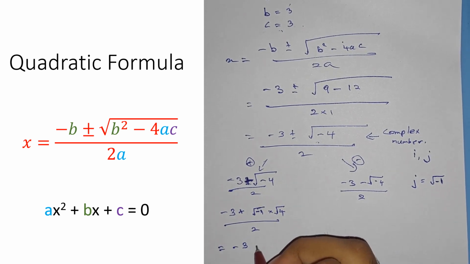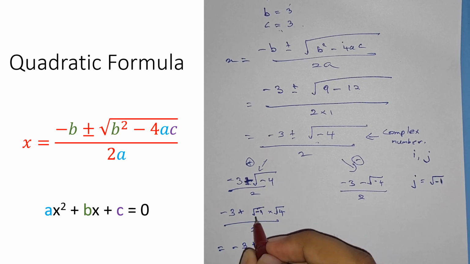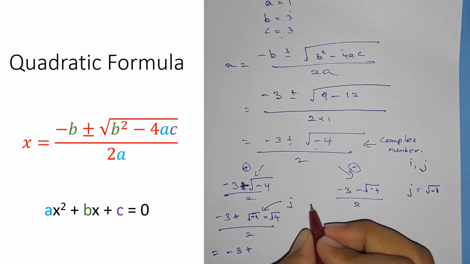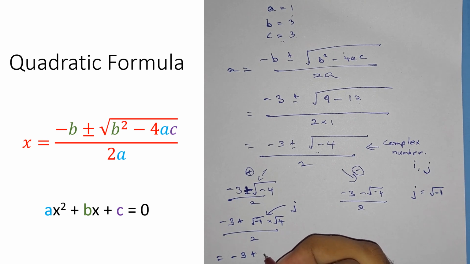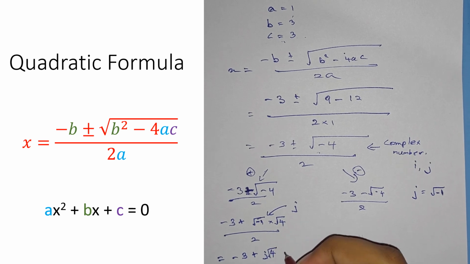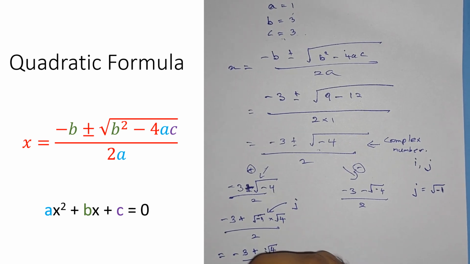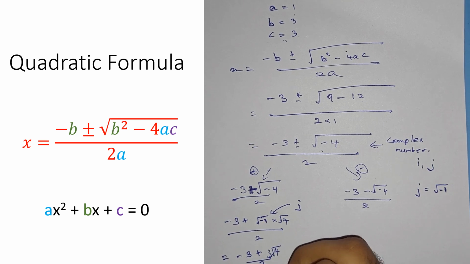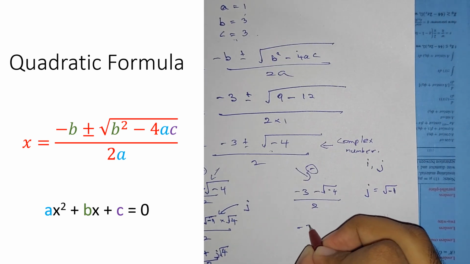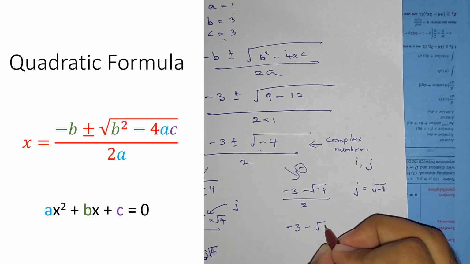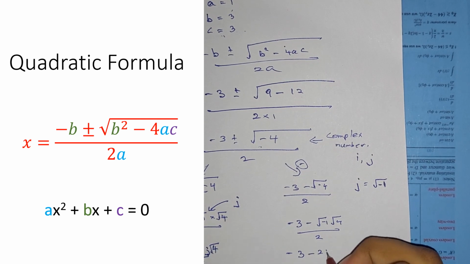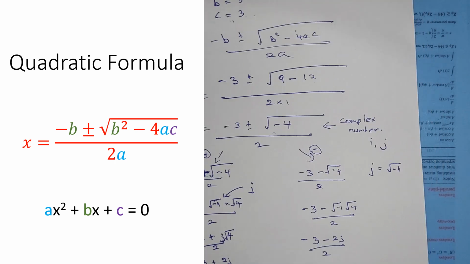This becomes minus 3 plus or minus, you can replace square root of minus 1 with j or i, whichever you prefer, times the square root of 3, over 2. These are the roots of this equation.